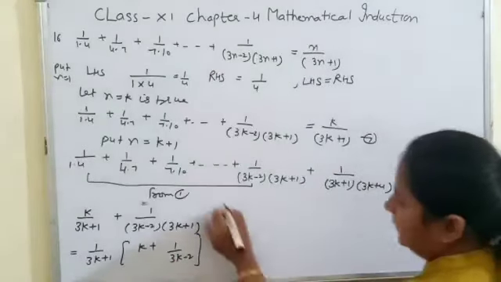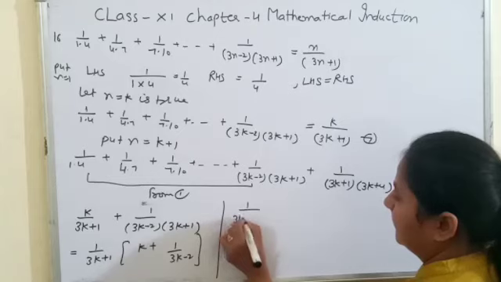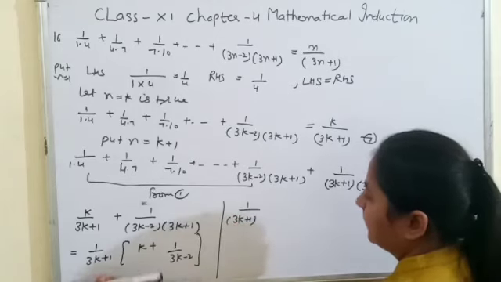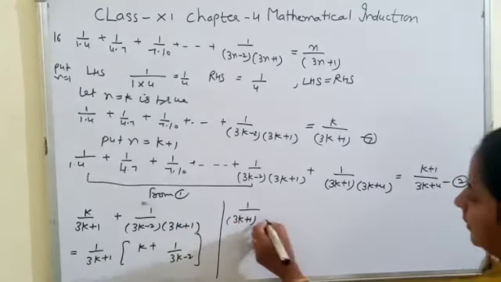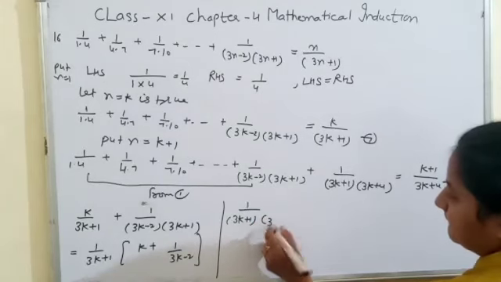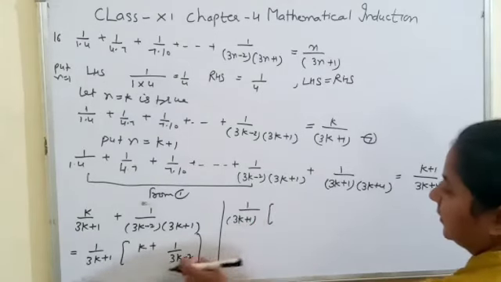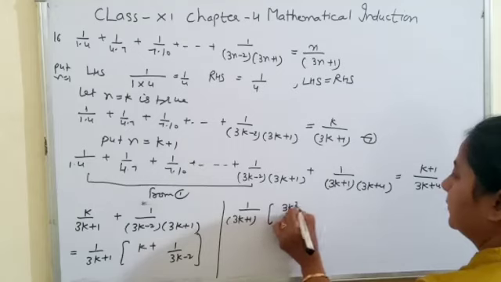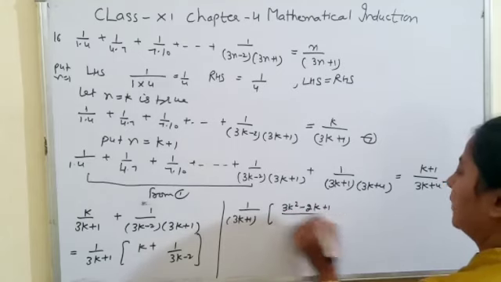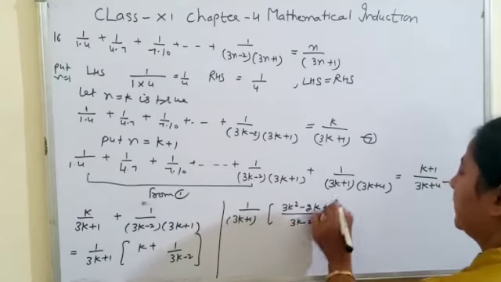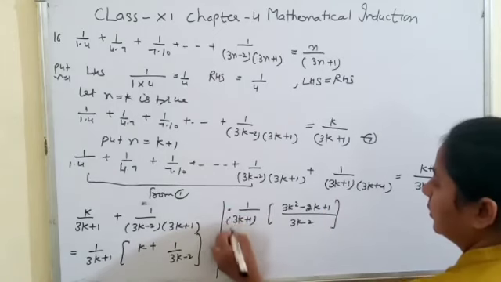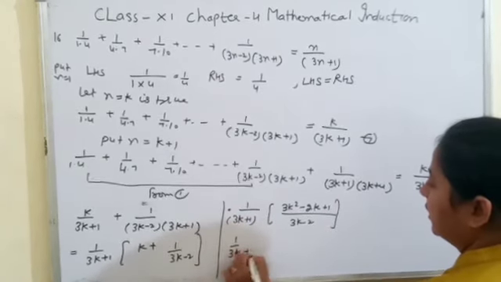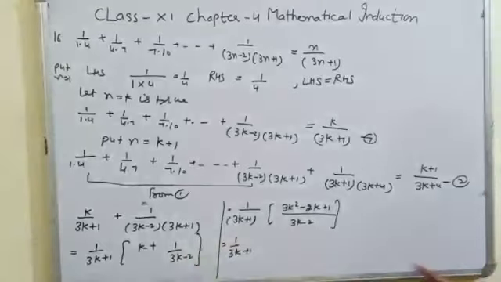Now take the LCM: (3k square minus 2k plus 1) upon (3k minus 2)(3k plus 1). Now take the factors for this.